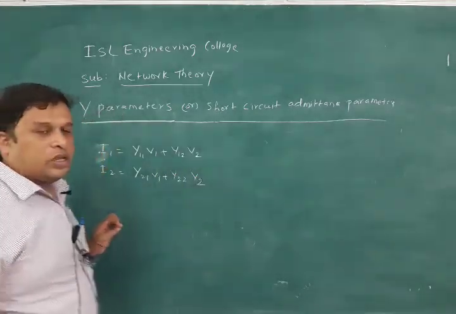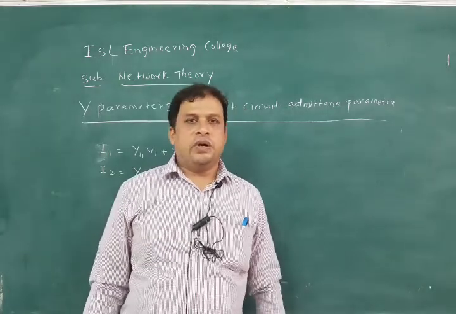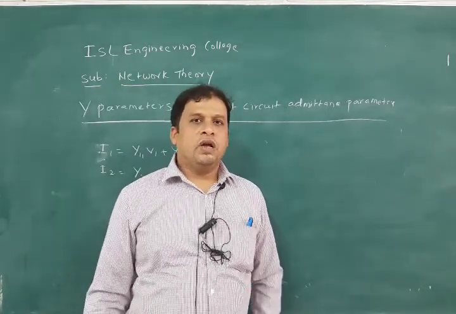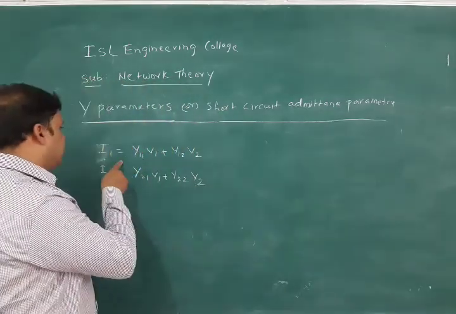As we drew the circuit diagram for the Z parameters, in the same way we will draw the circuit diagram for the Y parameters. But before that, we will see how these equations are deduced.